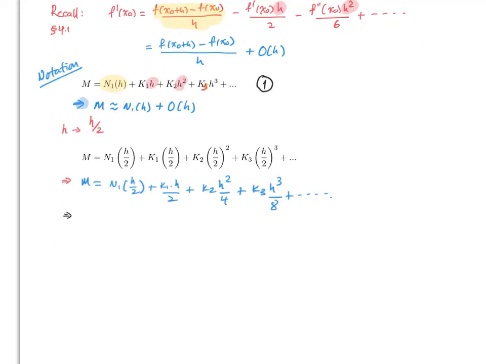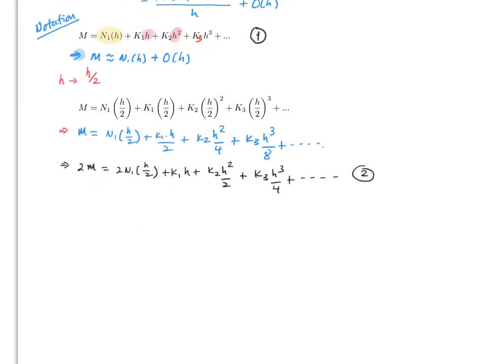Then if we multiply that by 2, 2M will give you 2 M1 of h over 2 plus k1 h plus k2 h squared over 2 plus k3 h cubed over 4 and so forth. And let's call this one equation number 2.